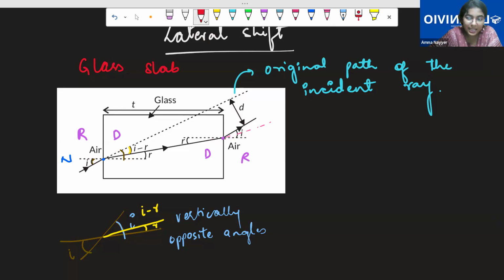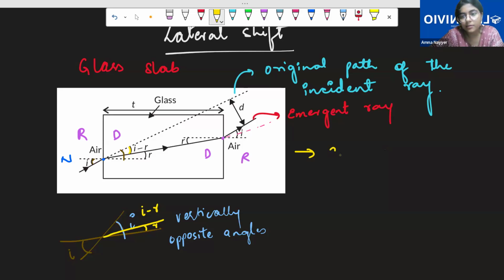Now see, when this ray gets refracted, it is parallel to the original path of the incident ray. This is known as the emergent ray. So this emergent ray and the original path of the incident ray, they are parallel to each other. Remember this. This is a conclusion from an experiment done.